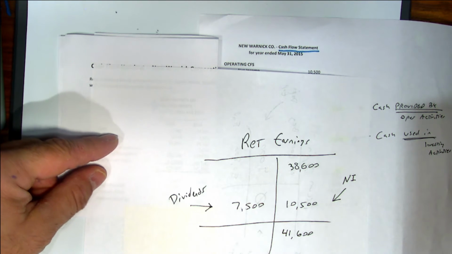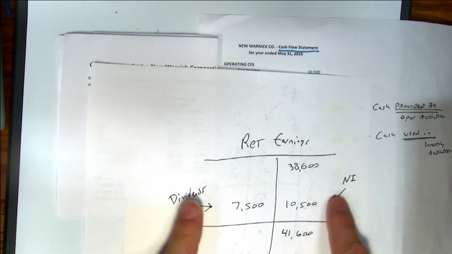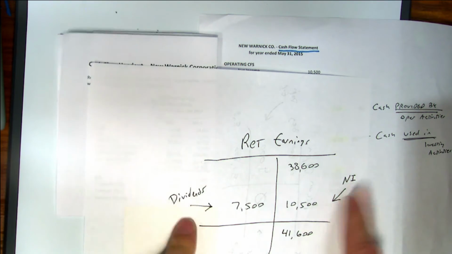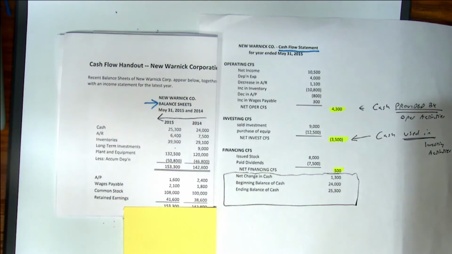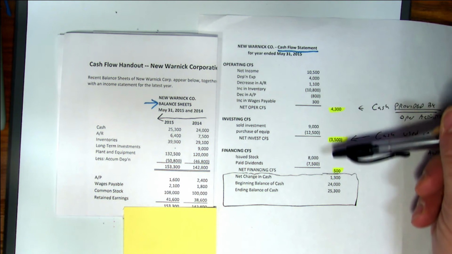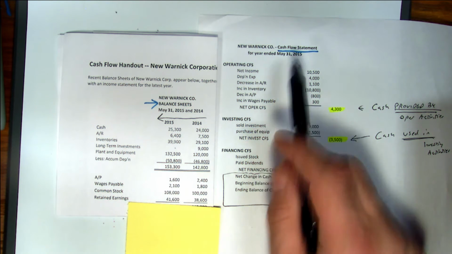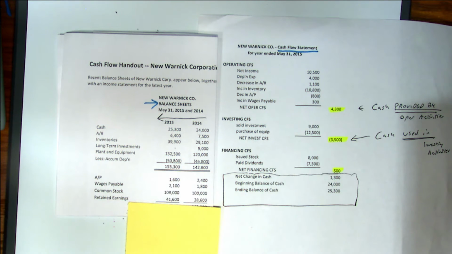So my question is this, folks. Did we account for these two items somewhere on the cash flow statement? We did. Net income is right there. Dividends is right there. So, did we account for the change in retained earnings somewhere on this cash flow statement?